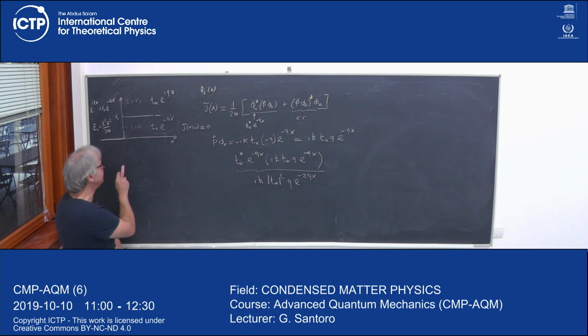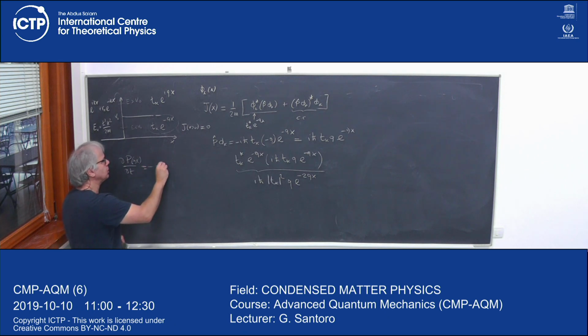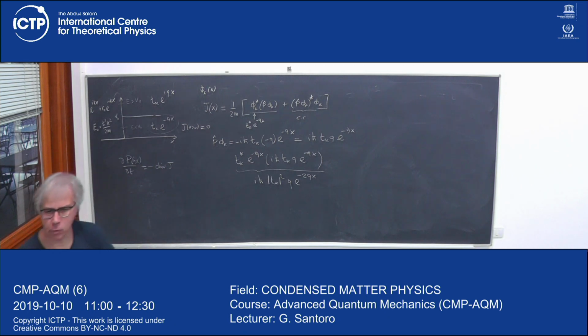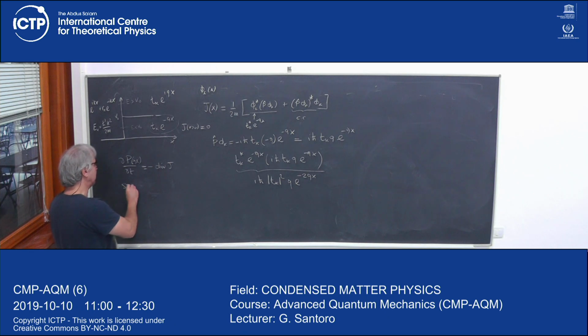Fantastic. But then, we said that, remember, the derivative of rho of x and t with respect to t is equal to minus the divergence of the current, on any evolving wave function. So we said for stationary states, which are the eigenfunctions of the Hamiltonian, this is 0.